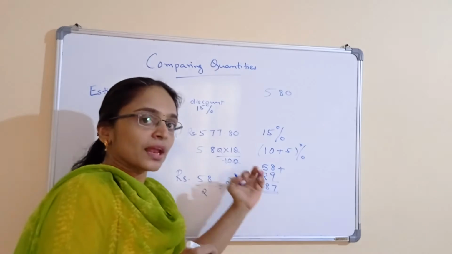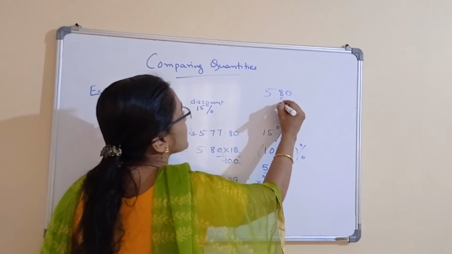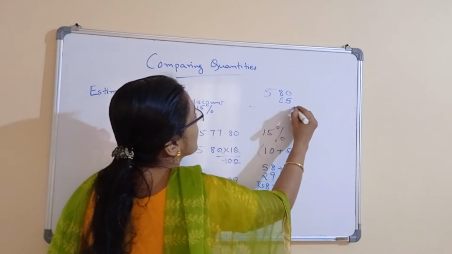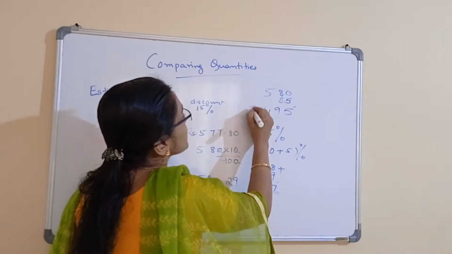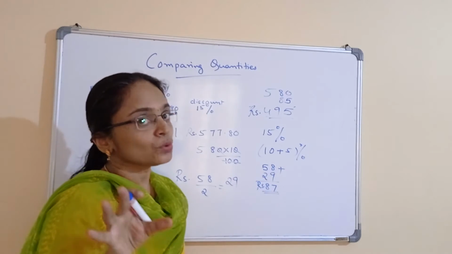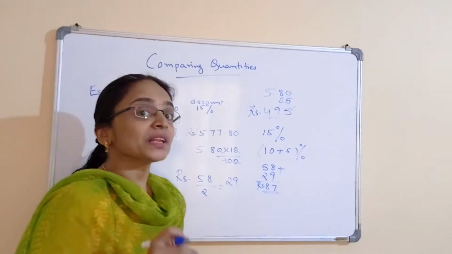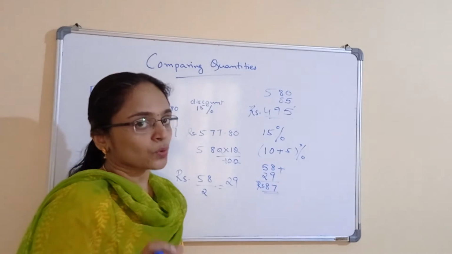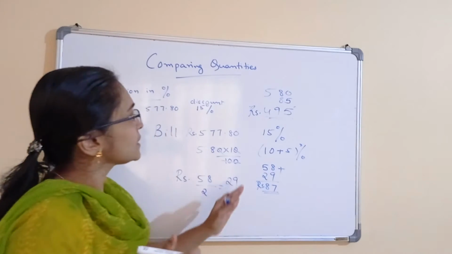So you can decrease. So 87 can be taken as 85. So 495 rupees, approximately 495 rupees you have to pay. That is, you will get an estimate of the amount that you have to pay if you calculate like this.